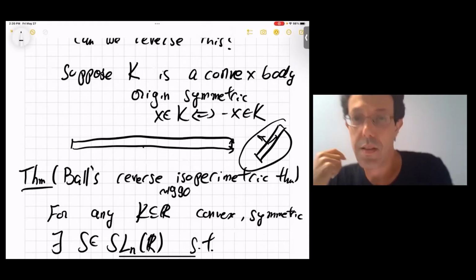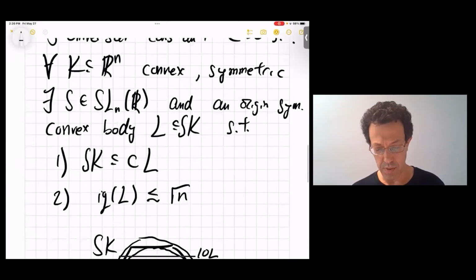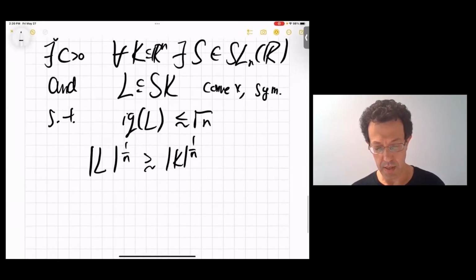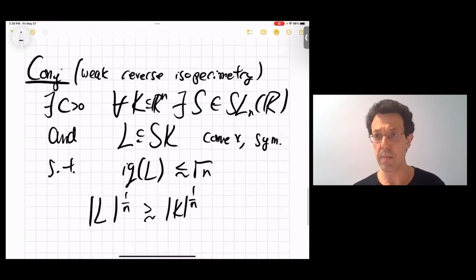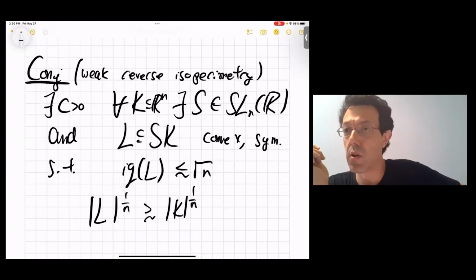Okay. So these are the questions, and we will see later that the weak conjecture, suitably formulated, holds up to logarithmic factors.